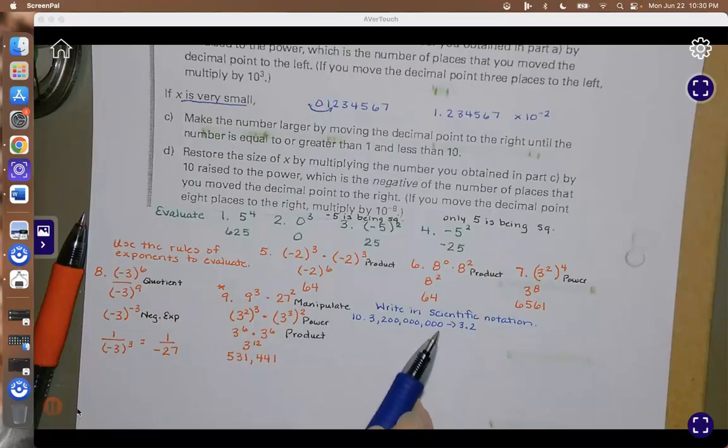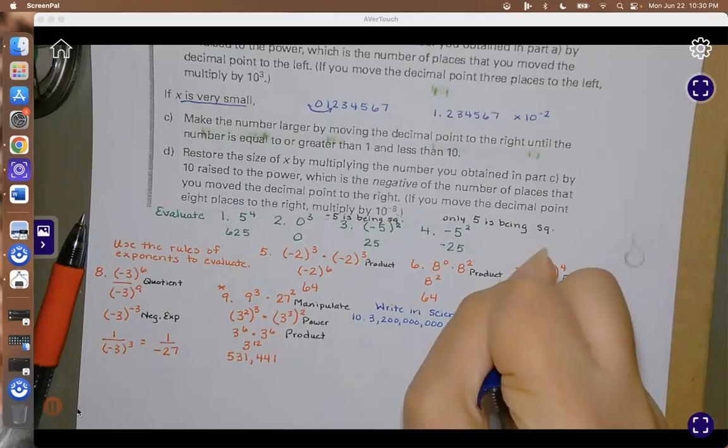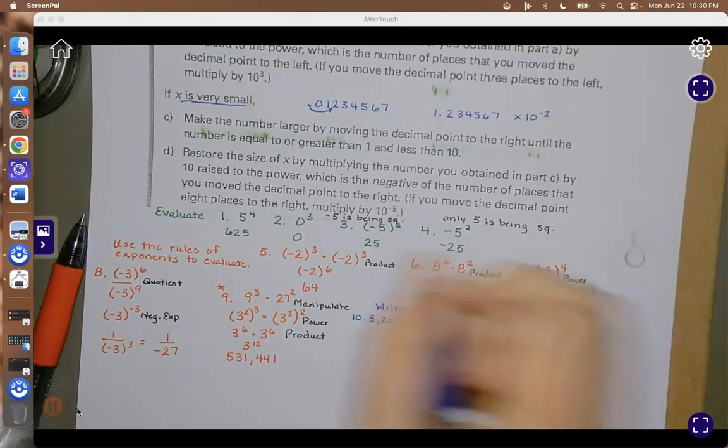Only actual numbers. Now, if there was a random 1 right here, yeah, you would have to write all those zeros. So we have 3, 6, 9 places here. So 10 to the 9th.